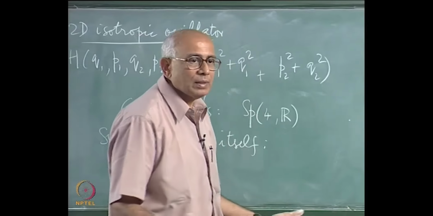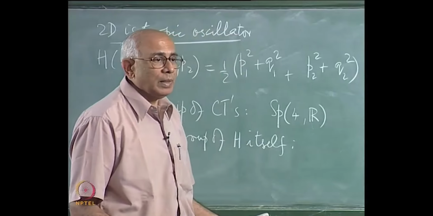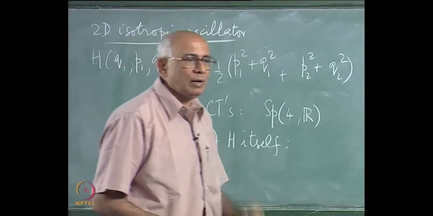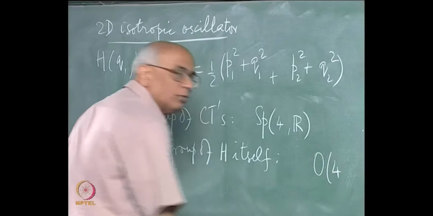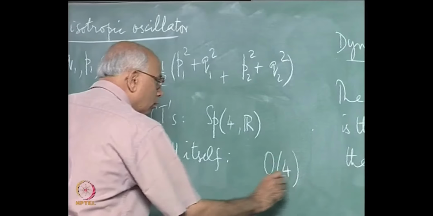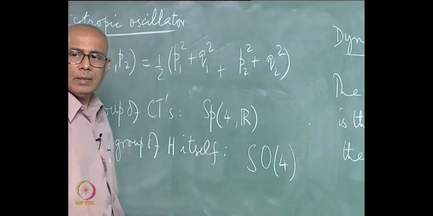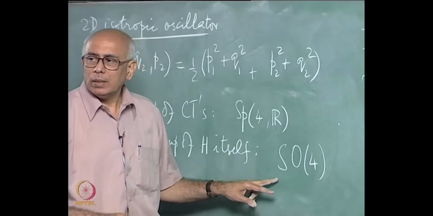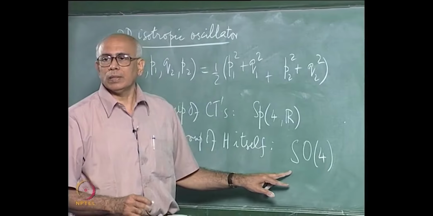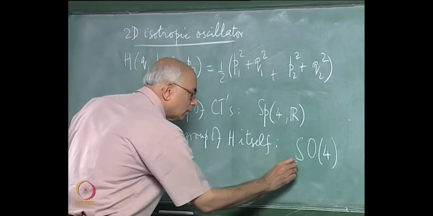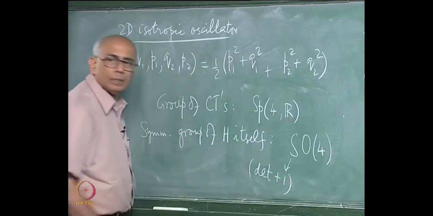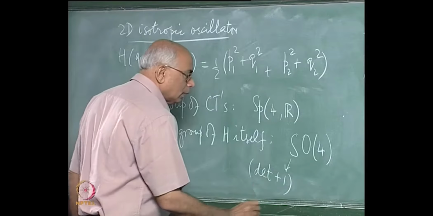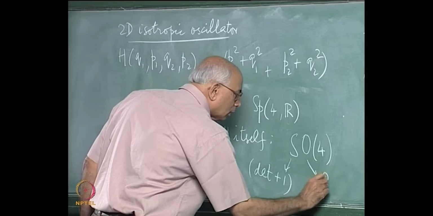They have to be orthogonal. What should the determinant of the matrix be? +1, so volumes are left unchanged, and that group is a group of orthogonal transformations in 4 variables called O4, but because the determinant is 1, you write an S here to write special or unimodular, determinant +1. On the other hand, this stands for orthogonal.